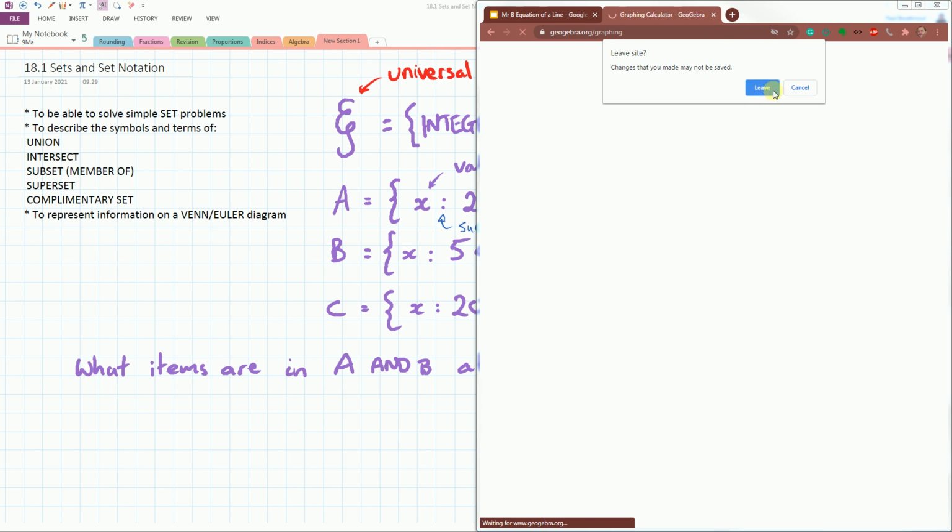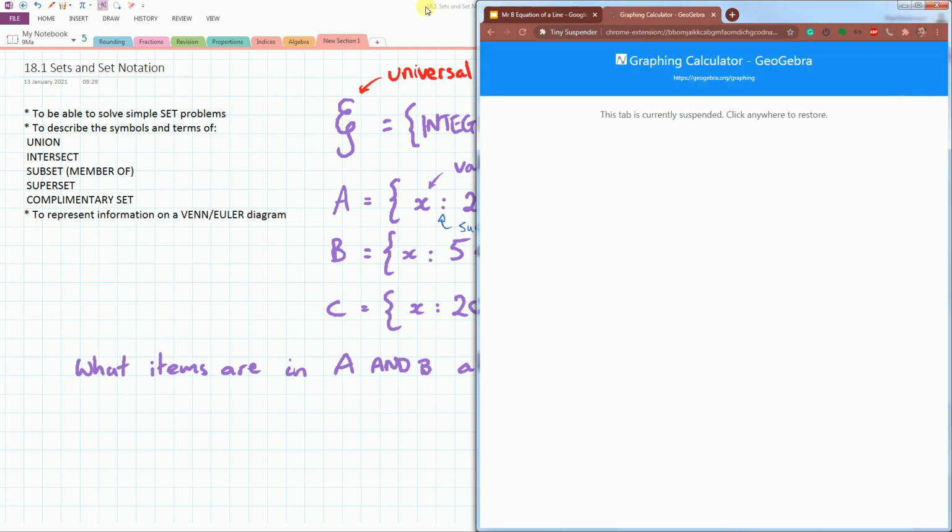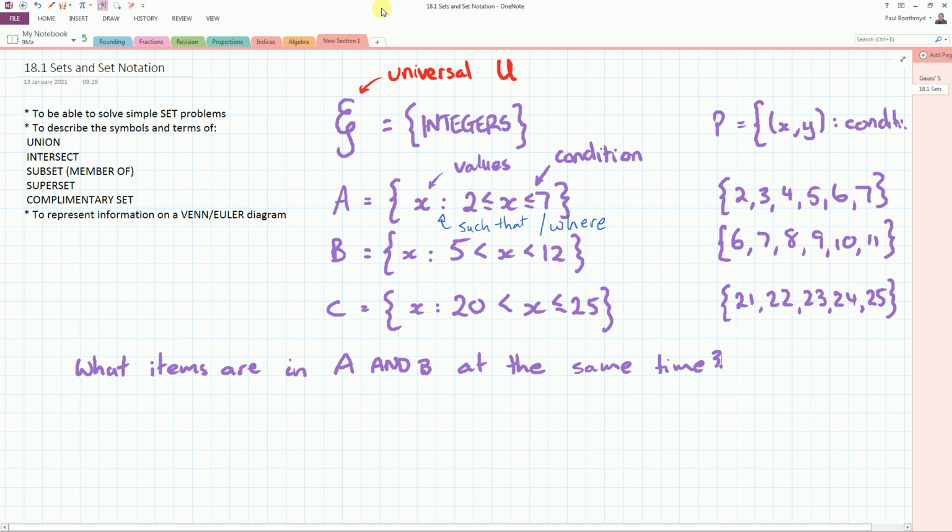Well, I don't know why that's gone up there now. Go away. Yeah, it's only the 6 and 7. It's where these lists overlap and you don't repeat the values.